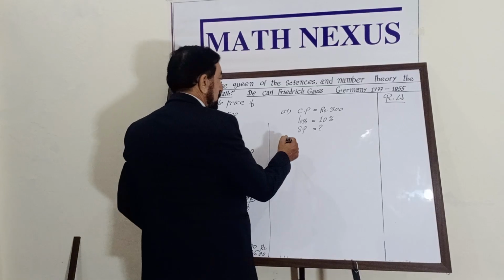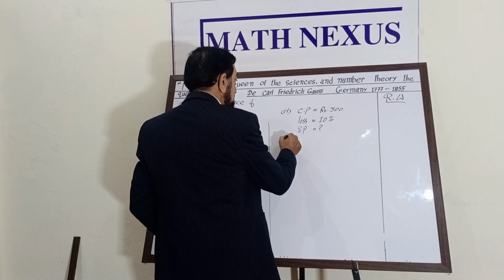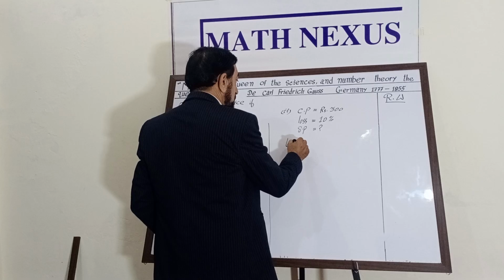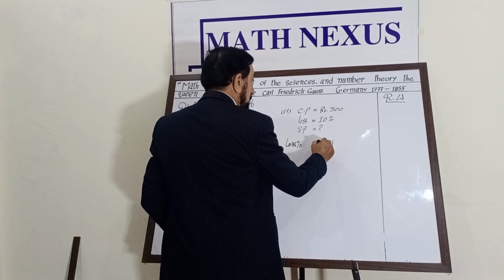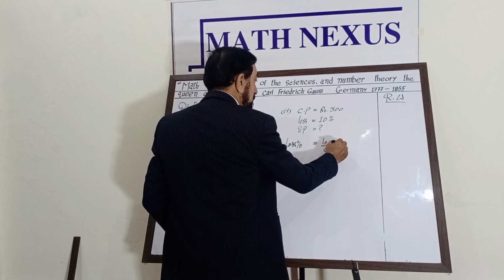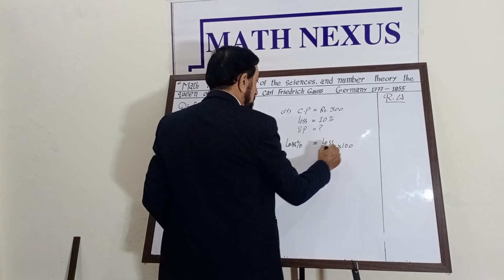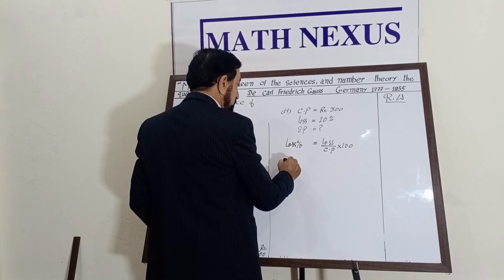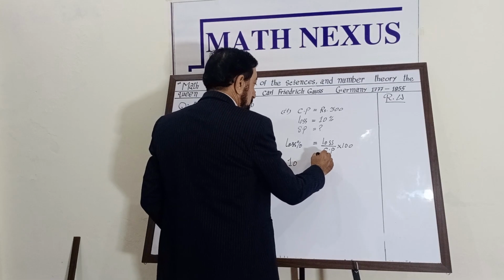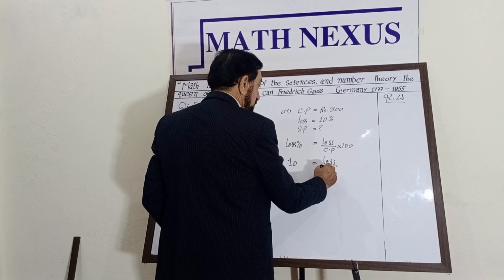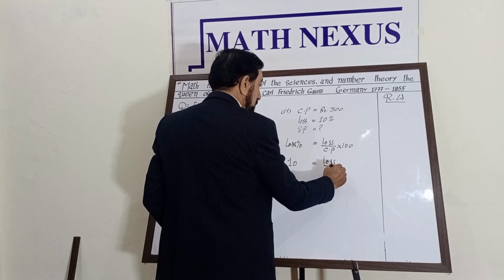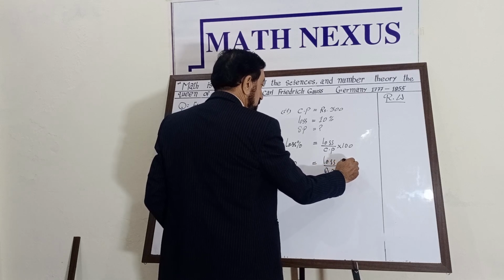We have a formula: loss percent is equal to loss upon CP into 100. Loss percent is equal to 10, loss upon CP 300 into 100.